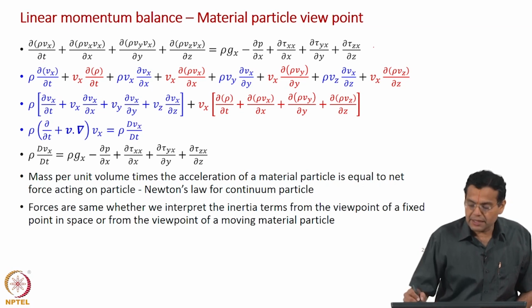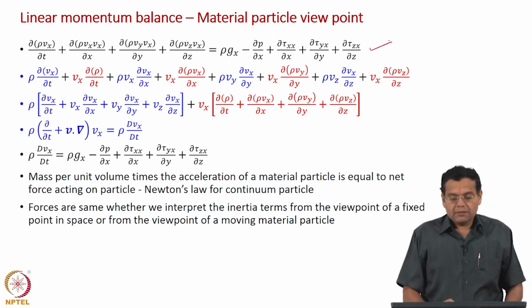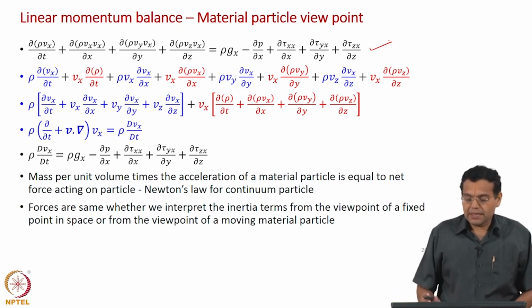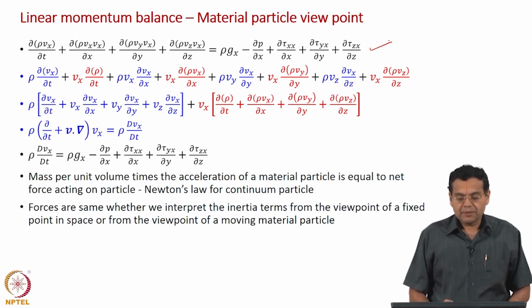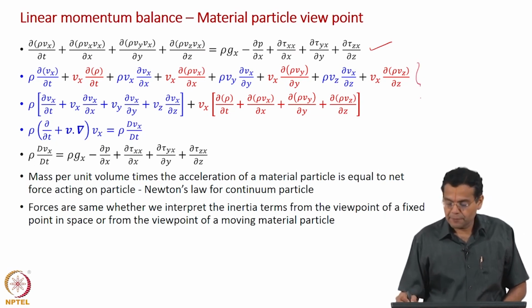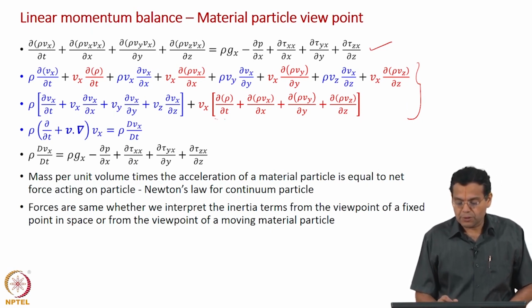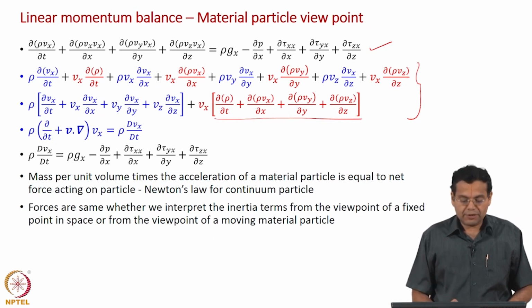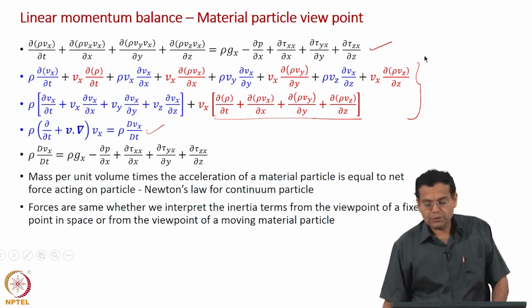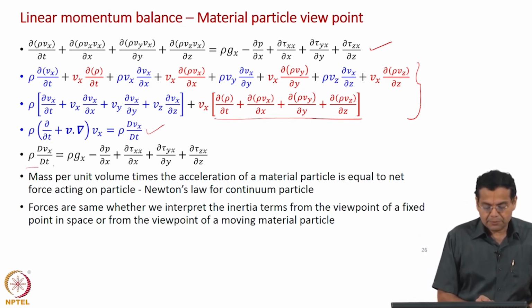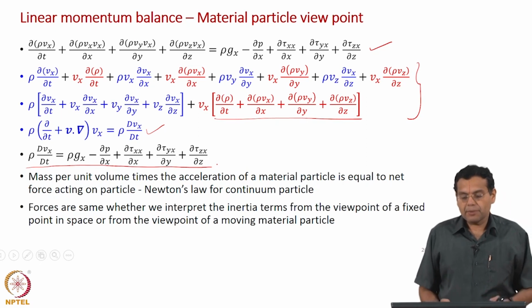We derived the linear momentum balance from an Eulerian viewpoint and then did some simple rearrangements of the terms on the left hand side, and that is what is shown here. We applied a product rule, grouped terms together, used the equation of continuity, and then the left hand side was represented in terms of rho into acceleration of the fluid particle. So, we re-express the linear momentum balance from a material particle point of view.